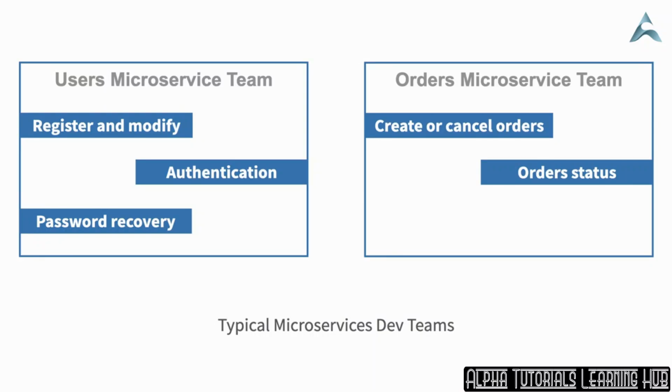Before we start creating images, let's check this out. In a typical setting, several development teams of 2 or more developers would work on microservices for an application. Team A could be working on authentication or user management microservice, Team B on payments and orders microservices, C on posts and comments, and so on.